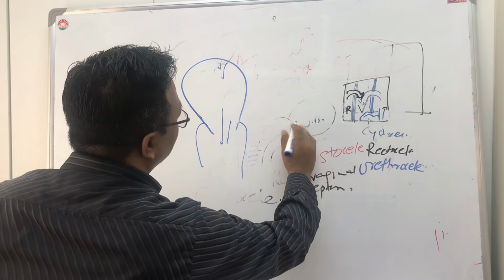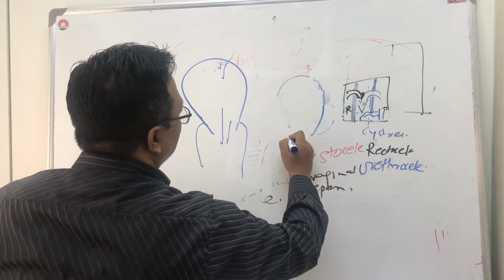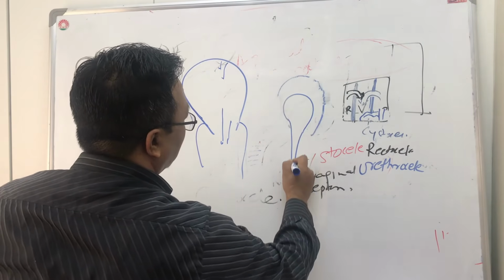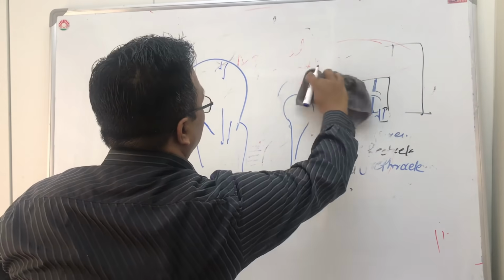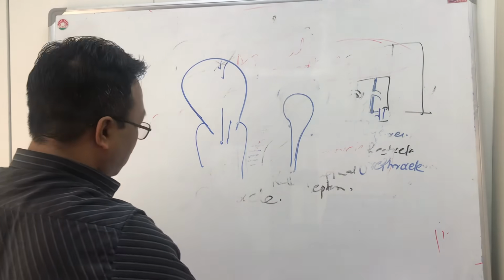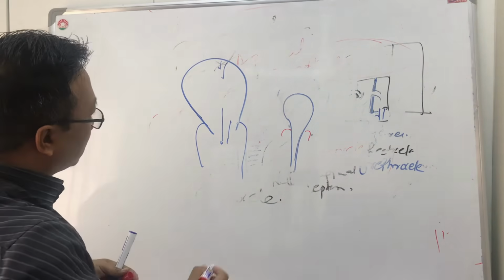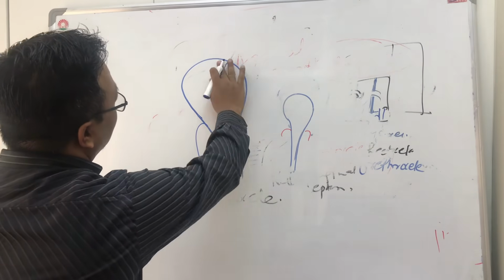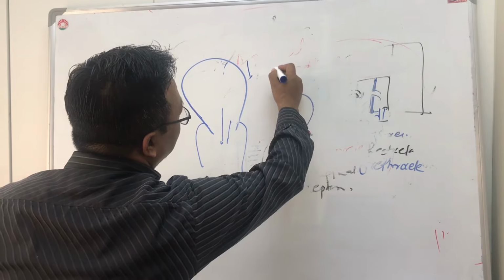So the whole thing has prolapsed, and you can see the height has gone down, so an empty space is created.